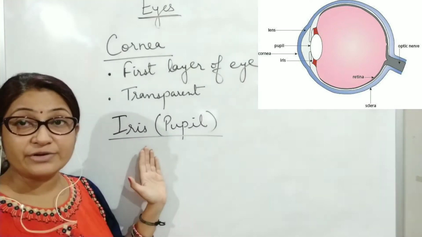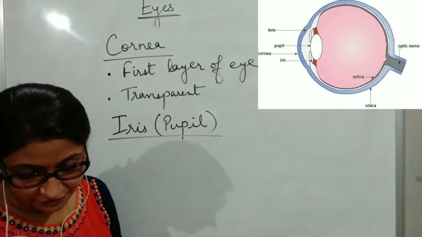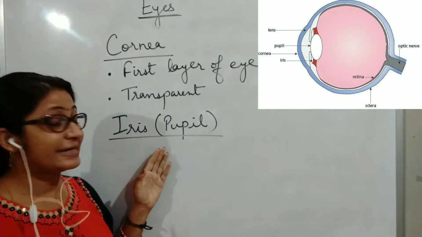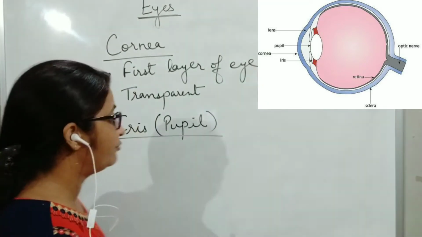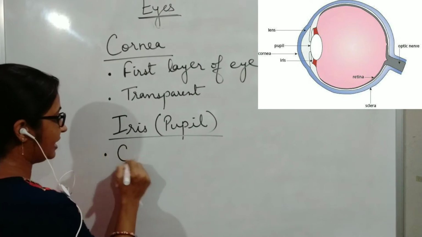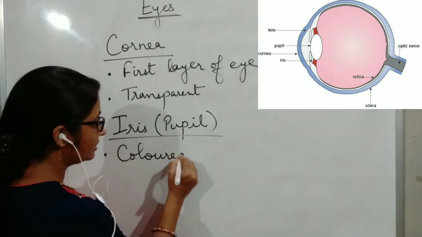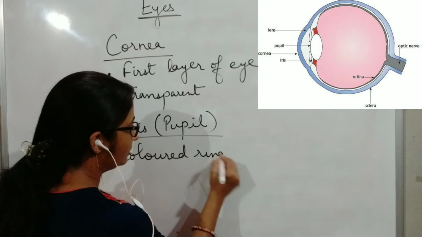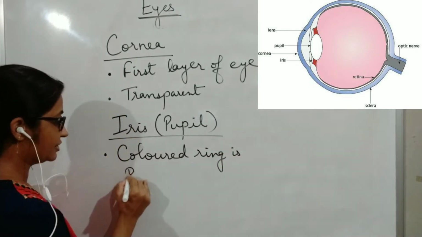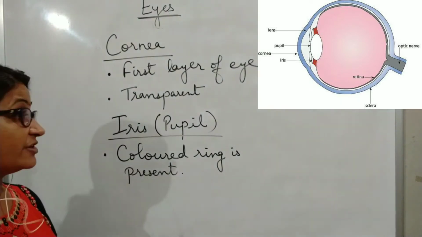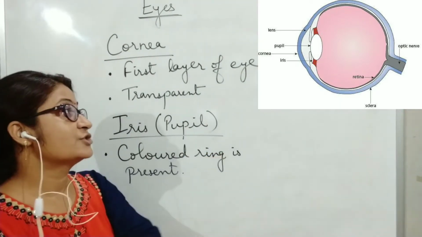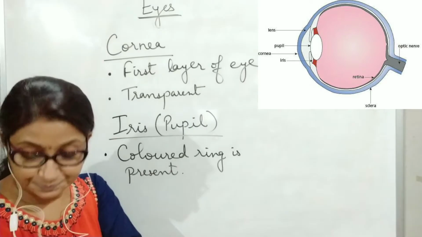Now, what is actually the use of this iris? This is the second layer of the eye, and here a colored ring is present, as you can see in the structure of a human eye.